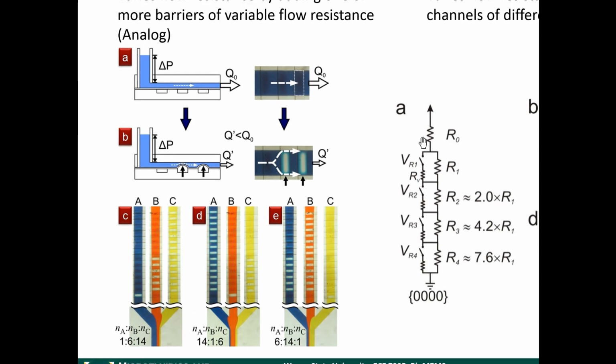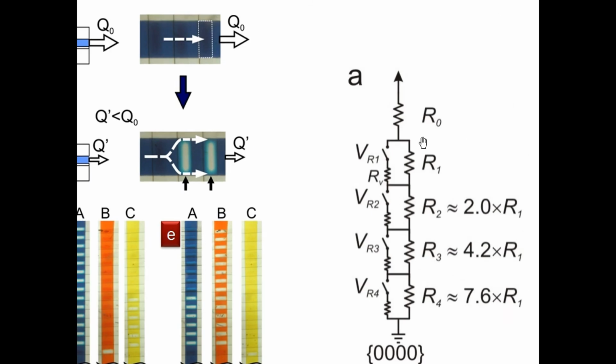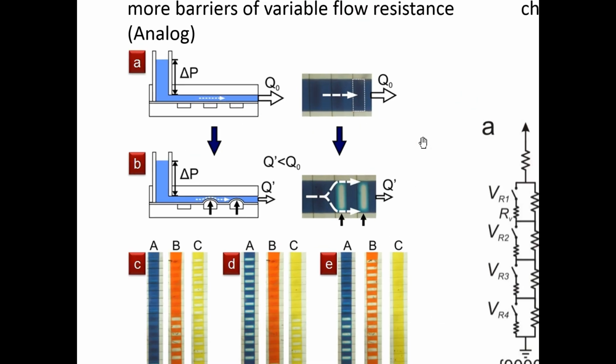So an analog control of flow resistance uses these things called inflatable elements. This varies the flow resistance by adding 1 or more barriers of variable flow resistance. So again, a relatively simple idea. You have liquid going through the fluid layer, and by pushing this membrane up by pneumatic pressure, the fluid has less room to move through.